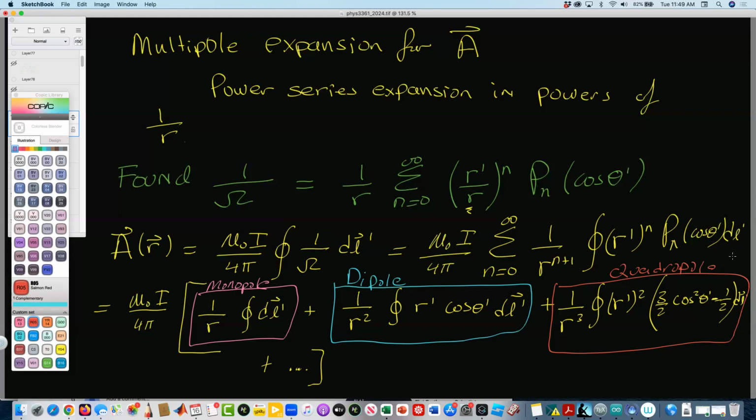So this monopole term is 0, which we should expect, even though your A may not be 0. The monopole term is going to be 0. Does that make sense? So the dominant term always for magnetic vector potentials is the dipole term. It's the term with the lowest power of 1 over r that you can actually have.